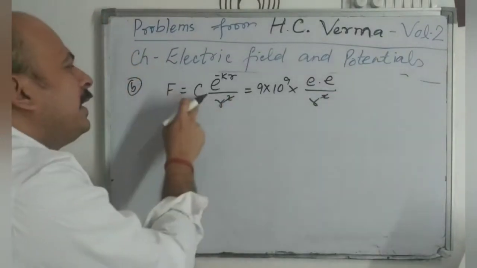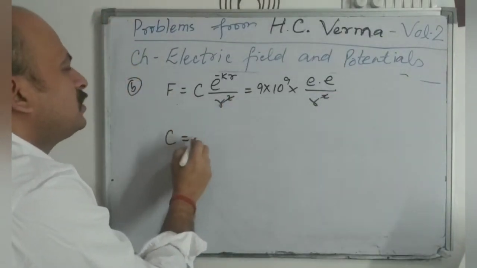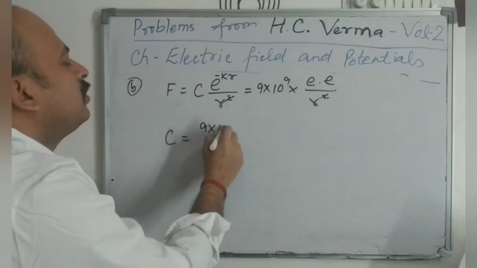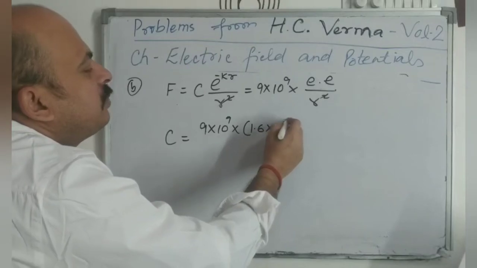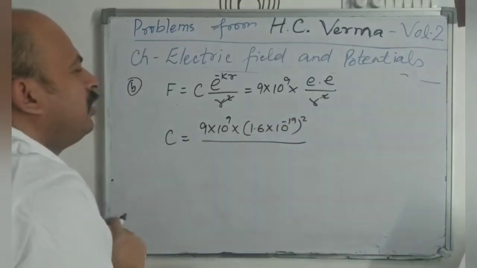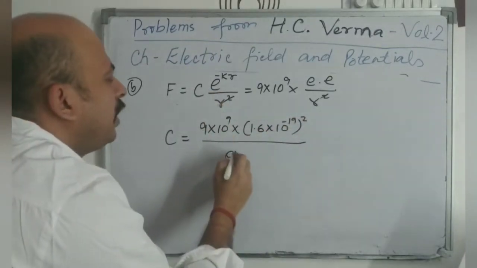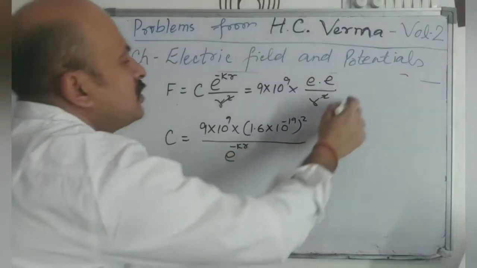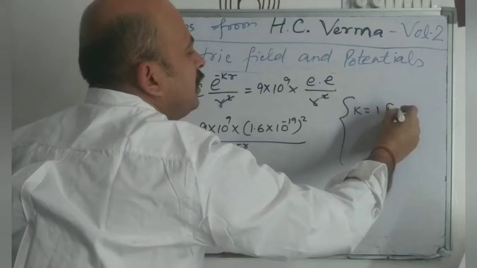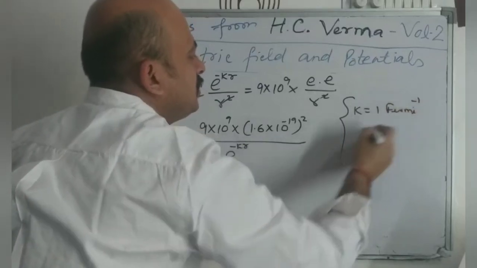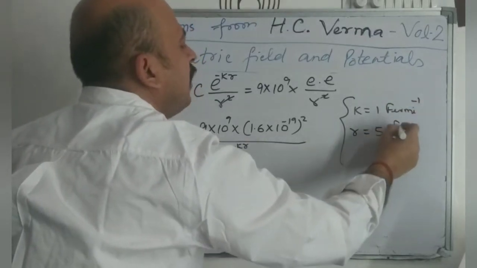We have to calculate C in that problem. So C will be equal to 9 into 10 to the power 9 into 1.6 into 10 to the power minus 19 whole square upon e to the power minus kr. So children, k is given as 1 Fermi inverse and r is given as 5 Fermi.